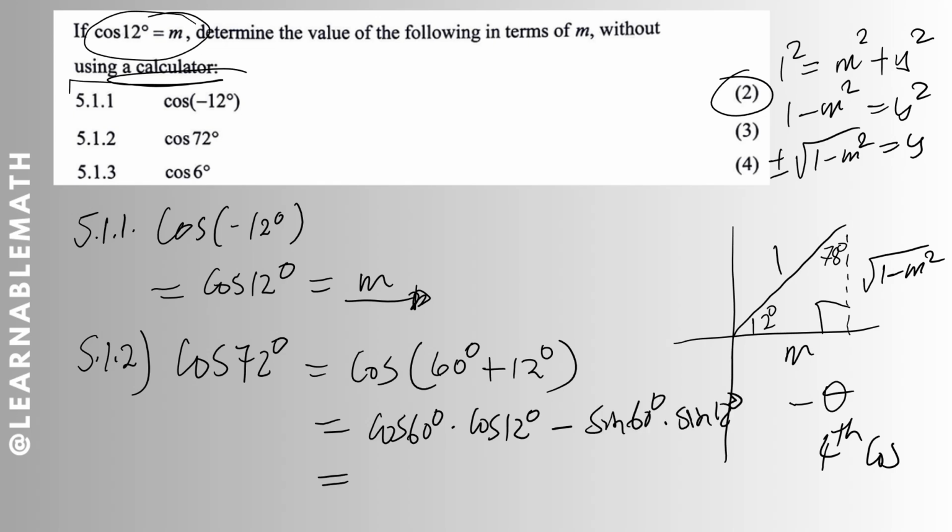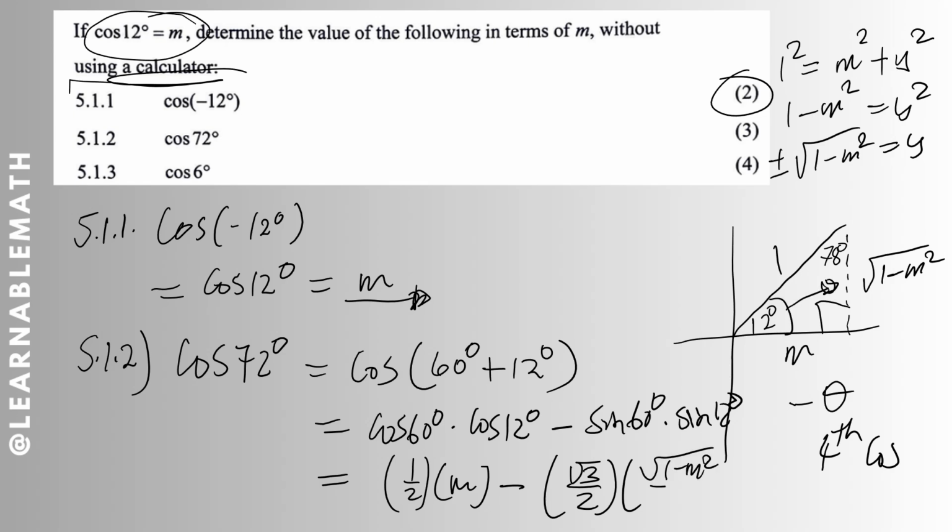Then we can go and simplify. Cos 60 degrees is 1 over 2. Cos 12 is m, minus sine 60 degrees, which is root 3 over 2. Sine 12, from the triangle, sine 12 will be opposite, which is the root of 1 minus m squared, divided by hypotenuse, which is 1.